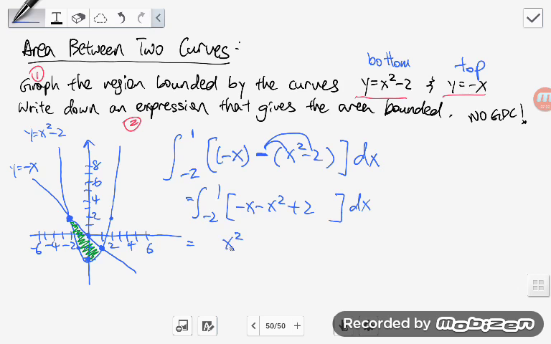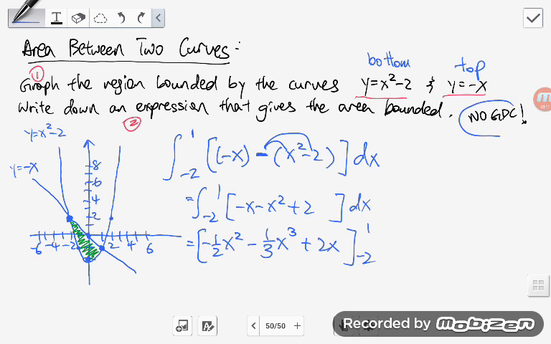I will get -1/2 x squared, that would be the integral of -x, and then this will be x cubed with a 1/3 in the front, and then plus 2x. I hope you guys are comfortable finding integrals. If I differentiate this, I get that. If I differentiate this part, I get this, and if I differentiate plus 2x, I get plus 2. So that's good.